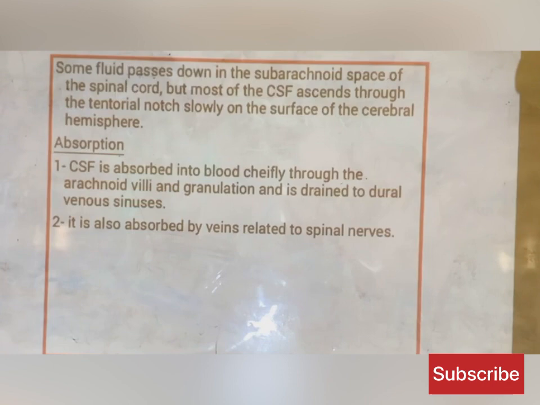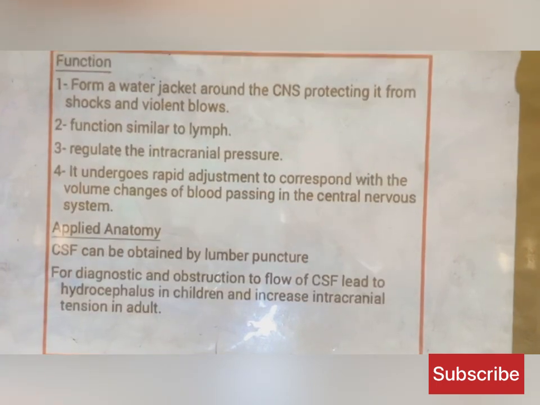We'll get to see what these dural venous sinuses are. It is also absorbed by certain veins related to the spinal nerves. We have some spinal nerves getting out of the spinal cord, and there are veins around them that also participate in absorbing the CSF. So CSF is absorbed within the cranium through the arachnoid villi and granulations, and also by veins related to the spinal cord.